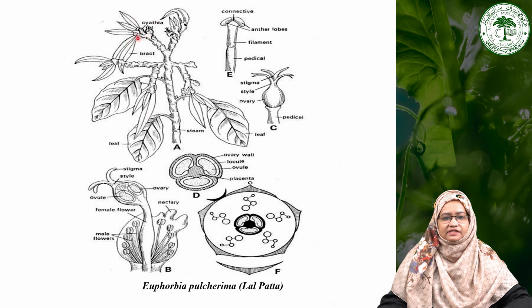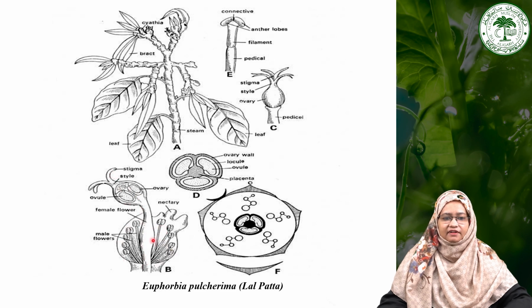And if we see a single cythium, this is the LS of a cythium. You can see here the single cythium covered by an involucre bract which has a nectary, and it has a single female flower at the center surrounded by a number of male flowers.